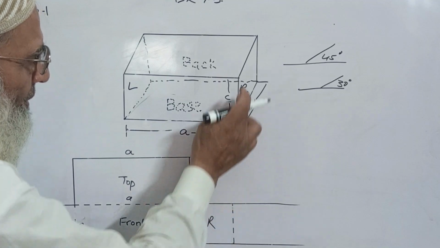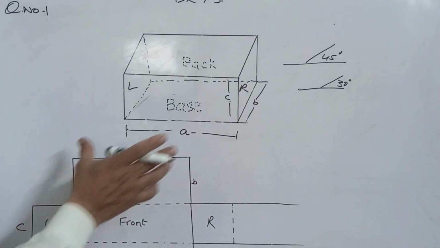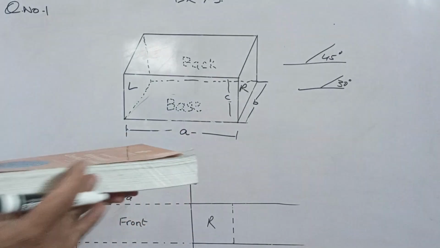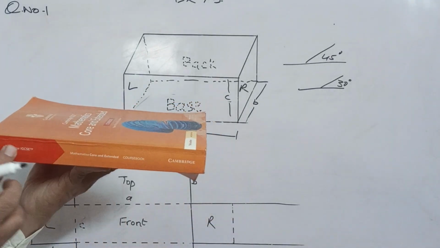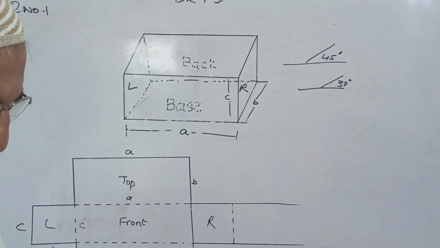This is right, the right side. Okay, now which one is left? The back side, which is equal to the front side. Because in this book, you see that the front side, this is the front side, and the back side, these are equal.